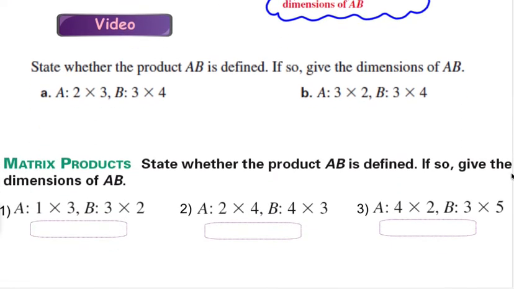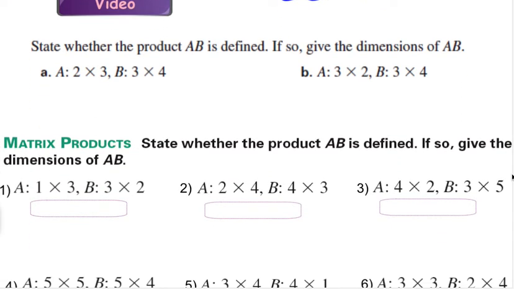Now let's head down to this set of two examples. We want to just identify, can we multiply these two matrices together? So we have a 2 by 3 and a 3 by 4. So those are my two matrices. So we're going to look into these two numbers right here. Are those two numbers the same? Yes, they are.